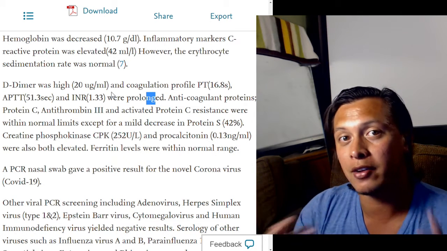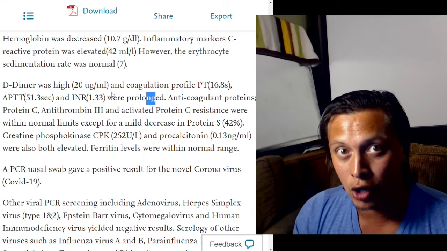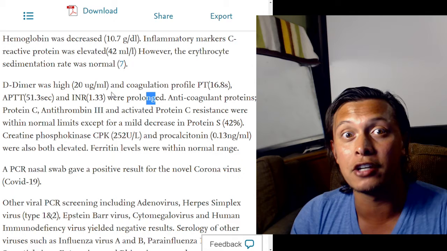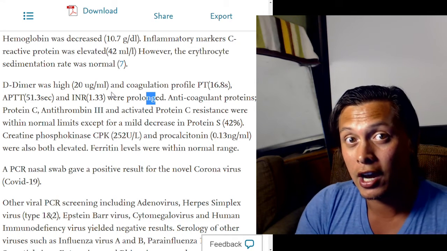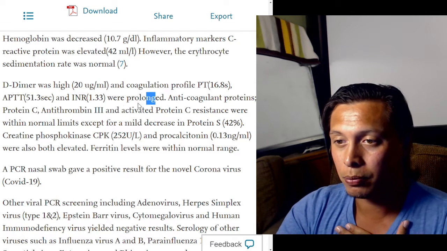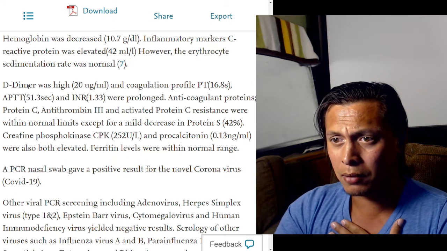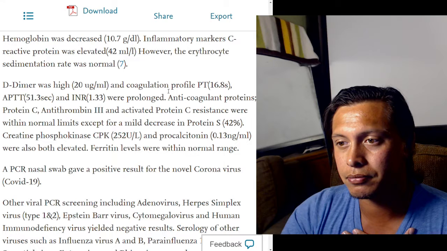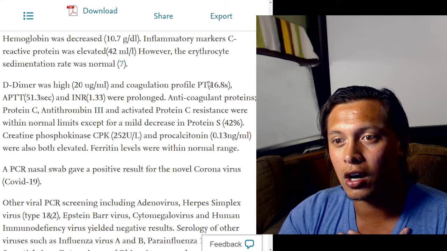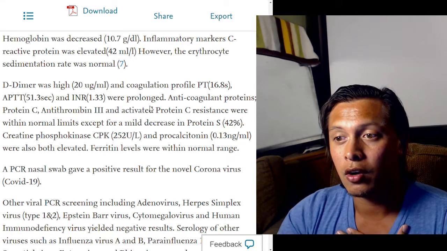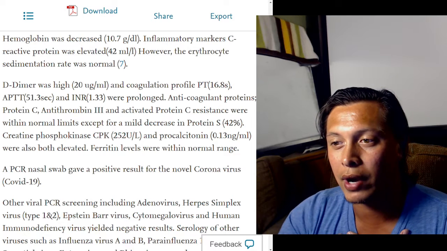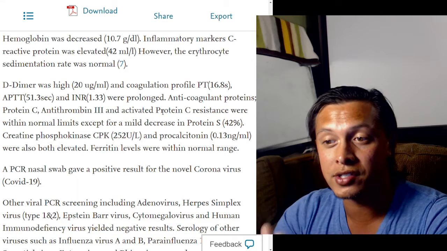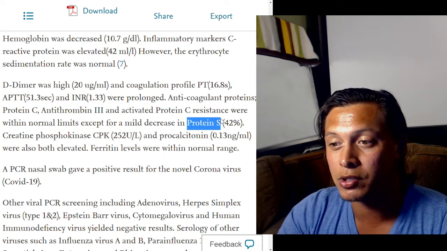There is a balance between all of these that keeps you in homeostasis, so that you only form blood clots where you need them, and your blood flows smoothly all other times. And so they're saying here that the procoagulation profiles are increased or prolonged, and the anticoagulation profiles are the same, except one of them is decreased, which is protein S.